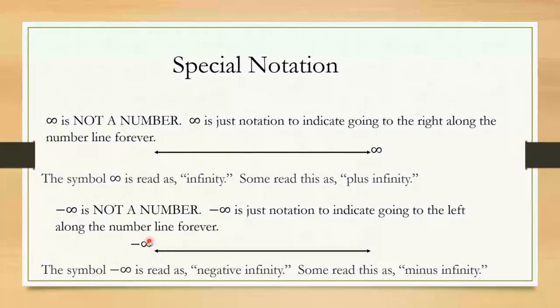You could think of it as the end of the number line in the negative direction, on the left side. This is read as negative infinity. Some people call it minus infinity. Same thing. But again, it means you keep on going to the left in a negative direction forever and ever.